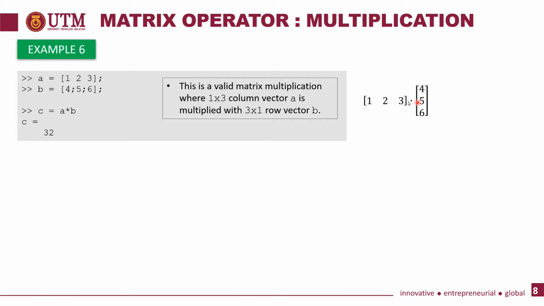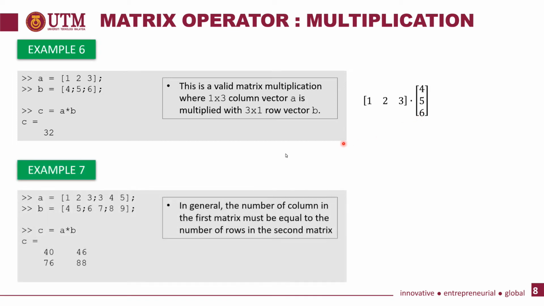When it has, for example, 3 columns and 2 rows, you cannot do it, and it will give an error. So you must make sure that the number of columns of the first matrix A, the one on the left side, equals the number of rows on the right side.